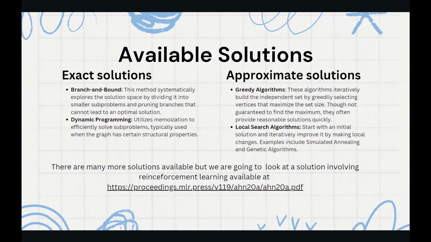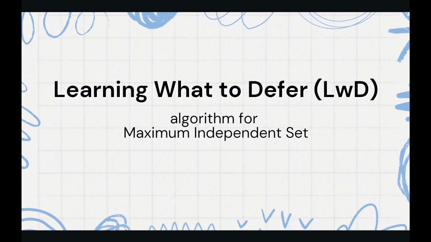Now coming back to our solution for maximum independent set, we are going to discuss a paper in which we are going to look at a centralized algorithm involving reinforcement learning. The name of the algorithm used in the paper is learning what to defer. This paper sees the solution for the maximum independent set as a Markov decision process.